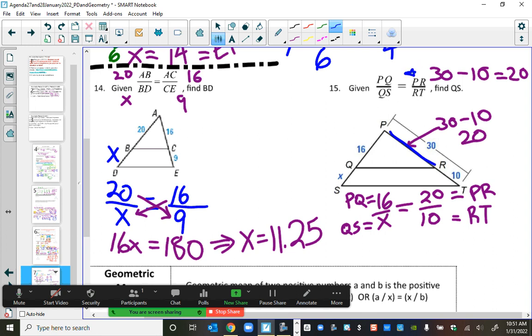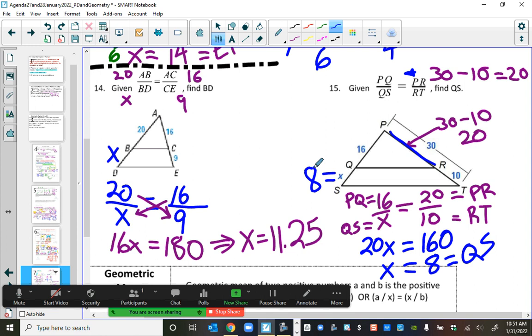And then, of course, once you get everything, there you go. 20x equals 160. X is 8, but 8 is QS. And is that what we need to find? Yeah. That's it.